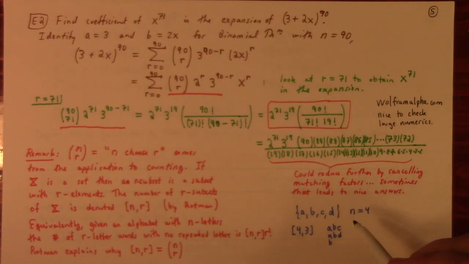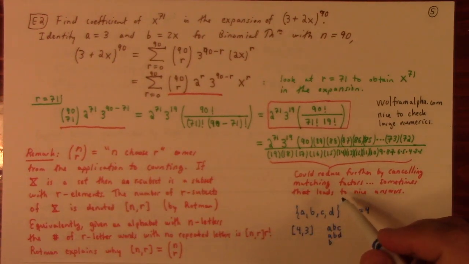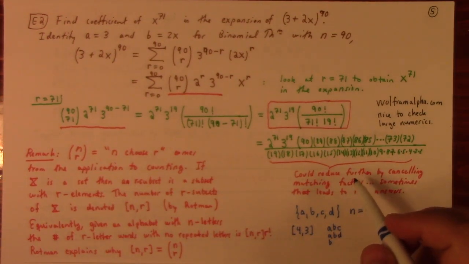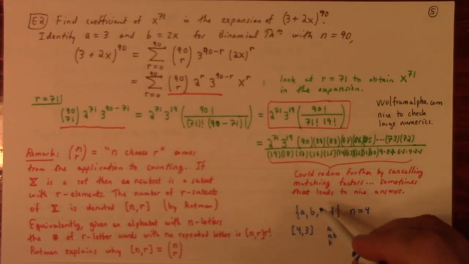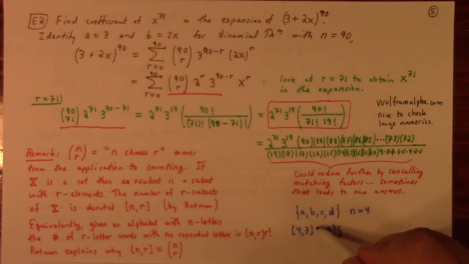If I've got 4 letters, and so there should be 4... Okay, so 4 choose 3 times 3 factorial, I guess, is what I'm looking for here.